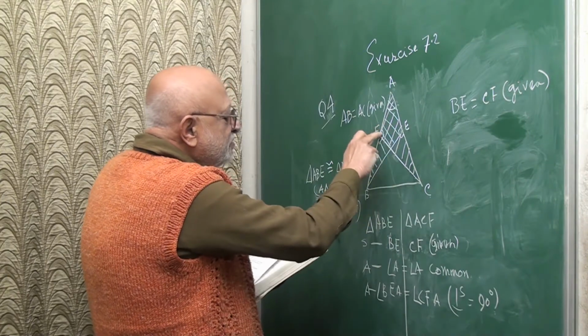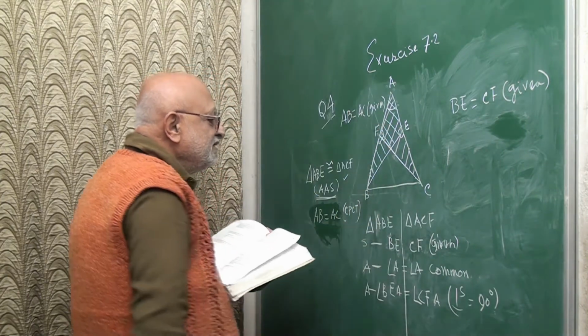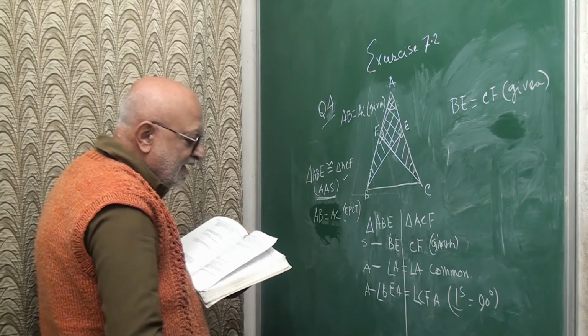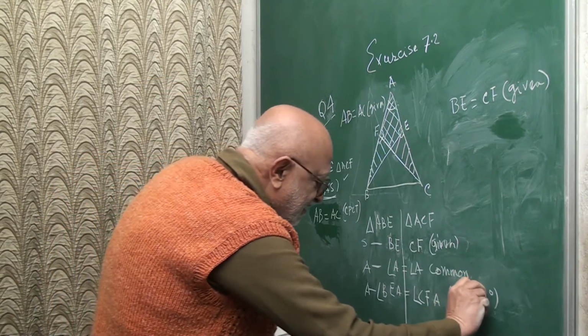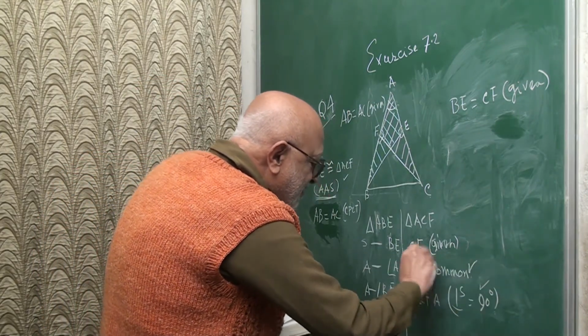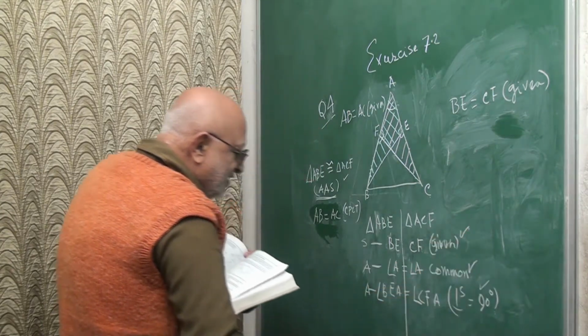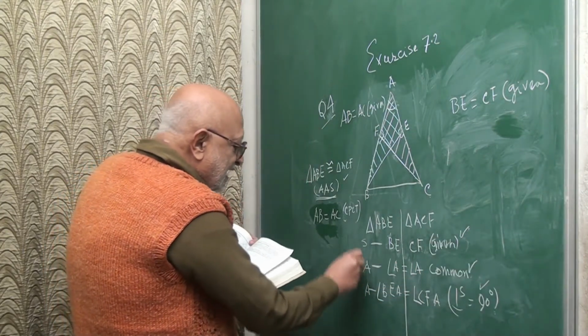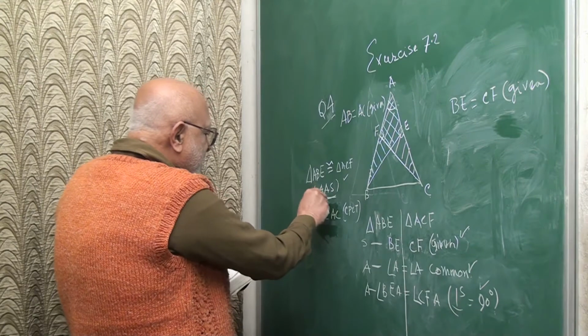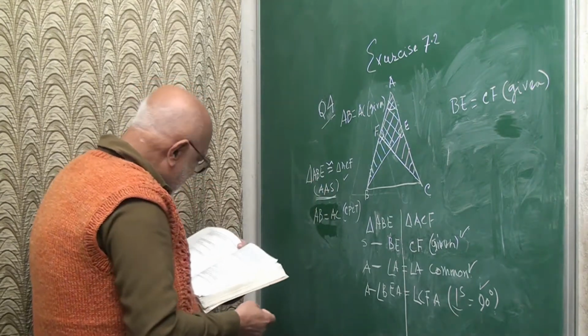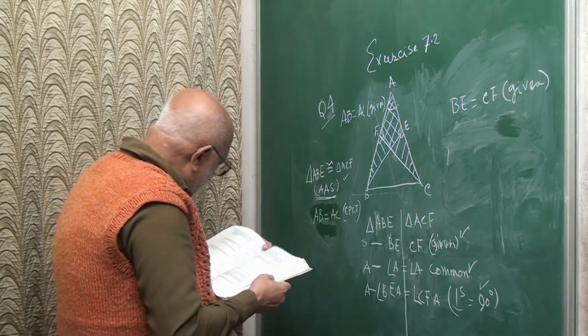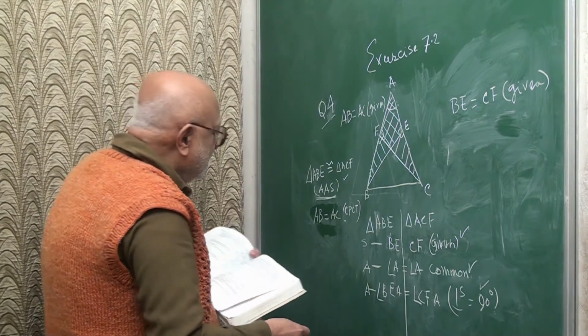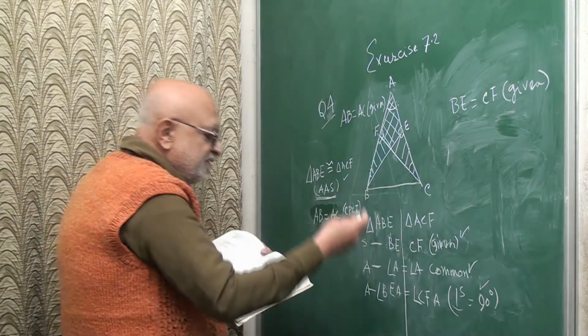These two angles are 90 degrees, they are given. Angle A is common, BE is equal to CF, so this is two angles and a side. So AAS. This is done. Since these two are equal, this is an isosceles triangle.